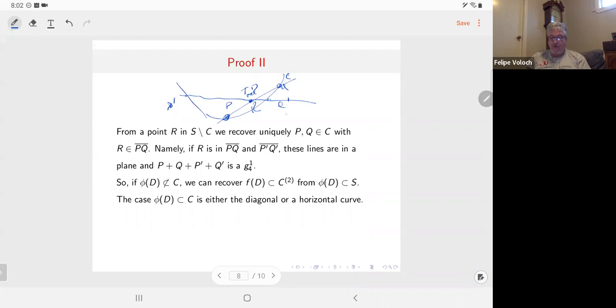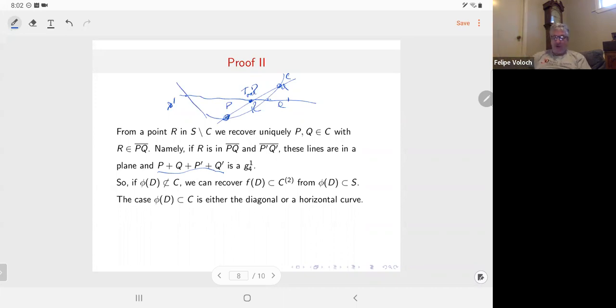Because if I have two secant lines meeting at a point, these two secant lines are in a plane because they meet in a point. So there are two secant lines in the same plane. But that means that this divisor varies in a linear system of positive dimension. Because this isn't the canonical curve, the geometric version of Riemann-Roch says that if you have 4 points on a plane, they vary in a linear system of positive dimension.